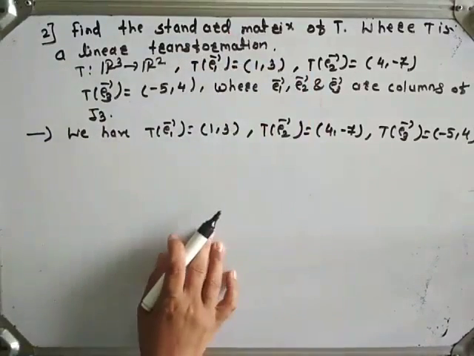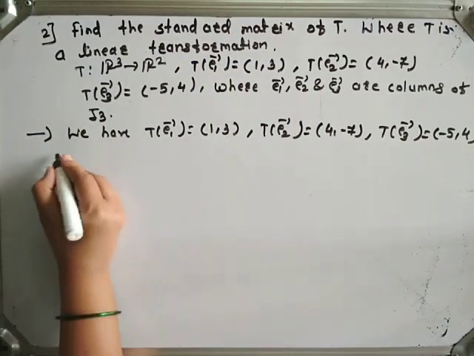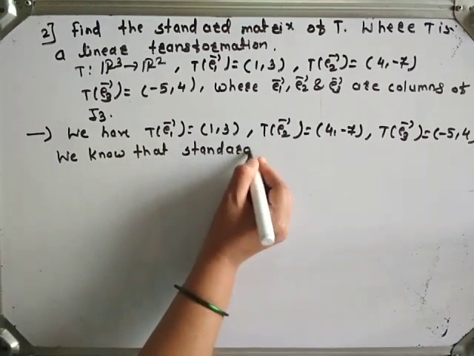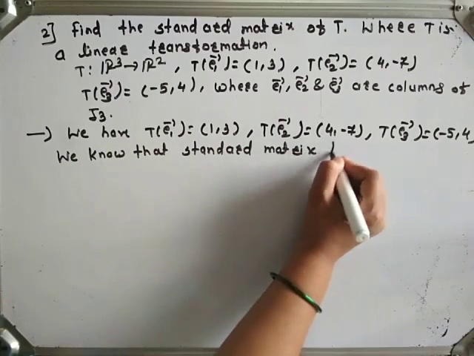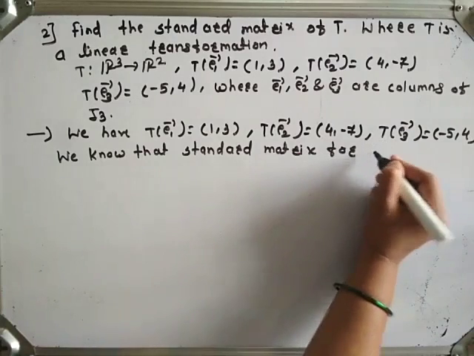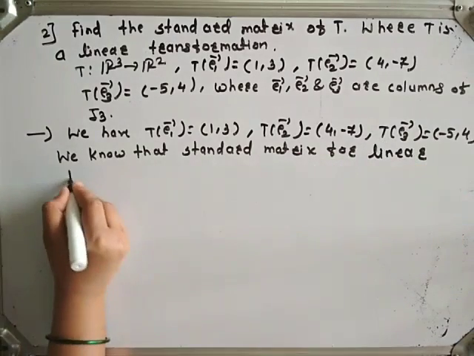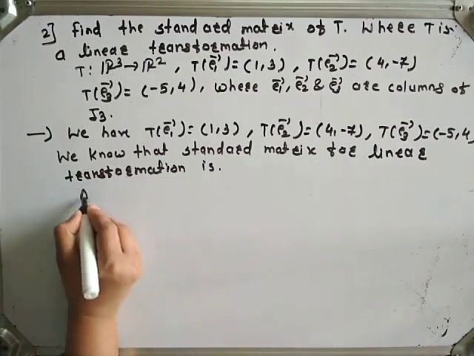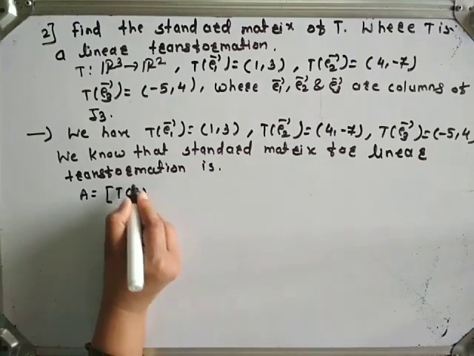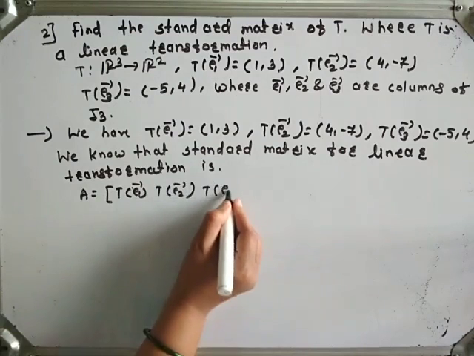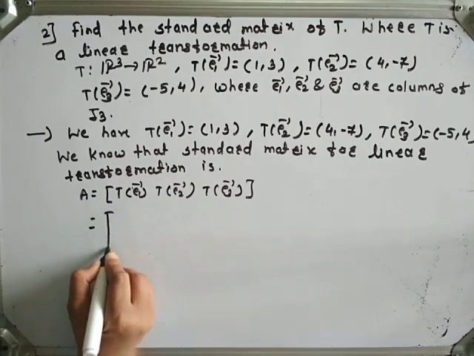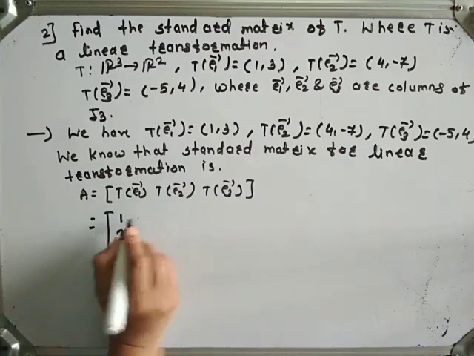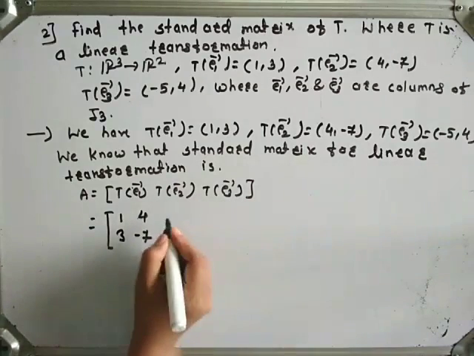We have to find the standard matrix for the linear transformation, and we know that the standard matrix is A equal to matrix T of E1 bar, T of E2 bar and T of E3 bar, which is equal to the matrix with columns 1 3, 4 minus 7, and minus 5 4.